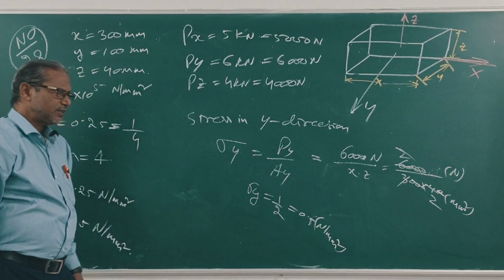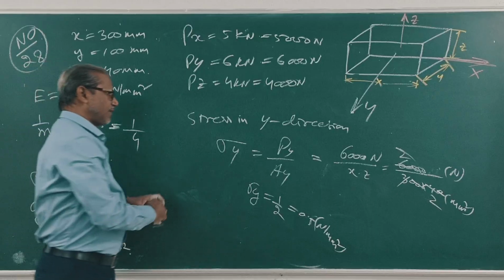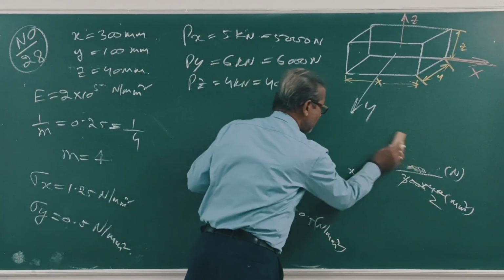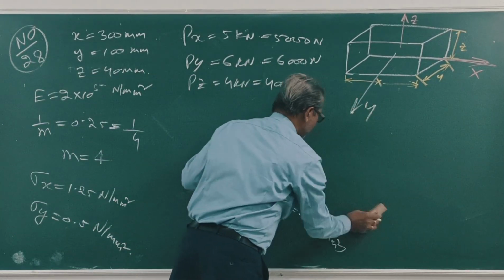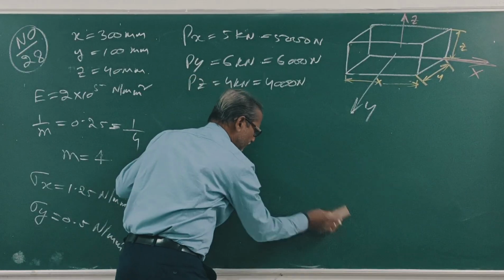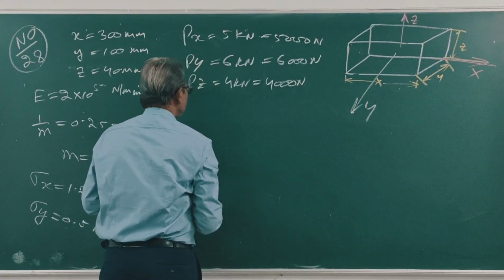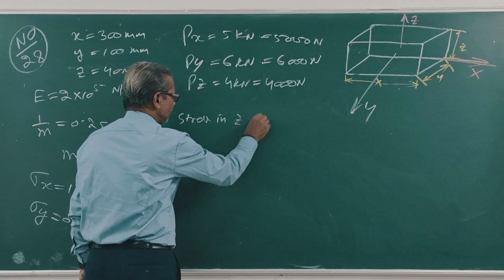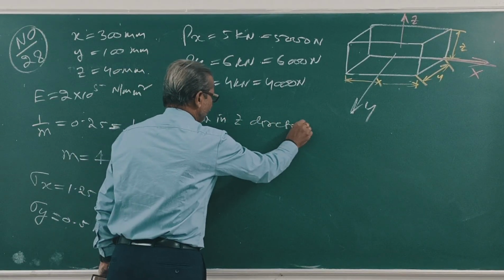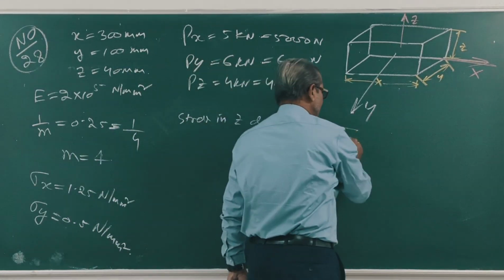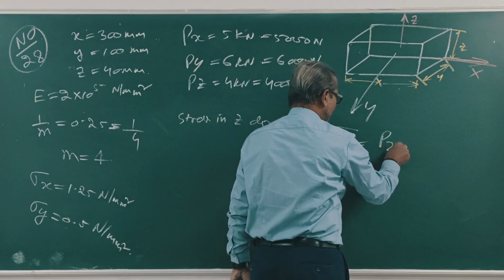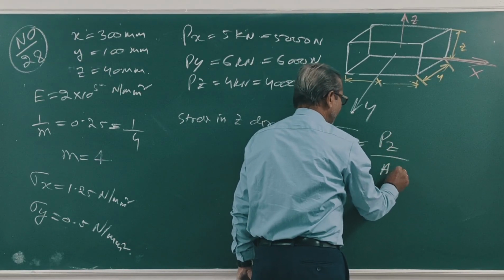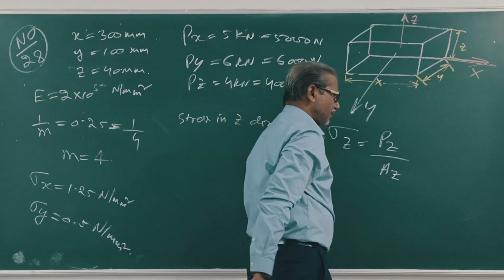Similarly, stress in z direction. Sigma z is equal to Pz, force by area along z section. Clear?